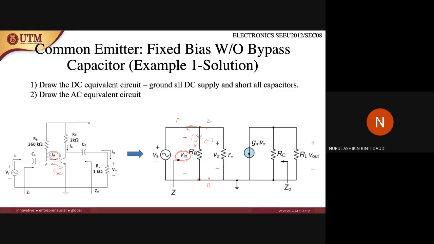Since this is 360 kilo ohm here, we can find II here, right? By knowing that the value of VBE here is 0.7, and here is 360, we can find the currents that flow inside here.